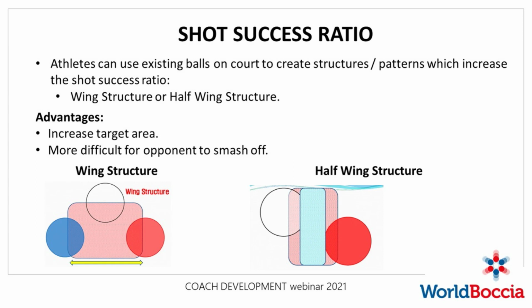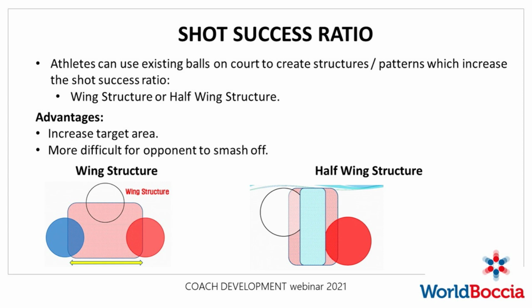So look at our wing structure. I'll give you 30 seconds to have a look at this visual. We have our jack ball, and then we have a blue and a red ball slightly in front and to the side. This doesn't necessarily have to be one blue and one red ball. It could be two blue balls, or two red balls.